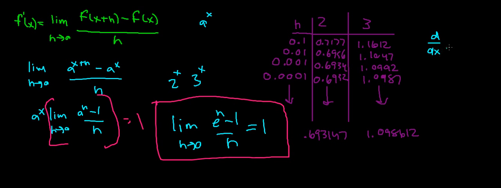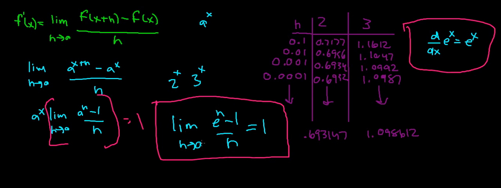The derivative of e to the x is equal to e to the x. And that is because of this definition here. The limit as h goes to 0, the number raised to the power h minus 1 over h, is equal to 1. And that number was found to be the number e.